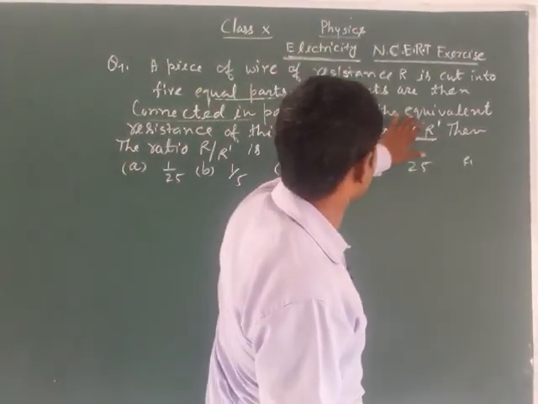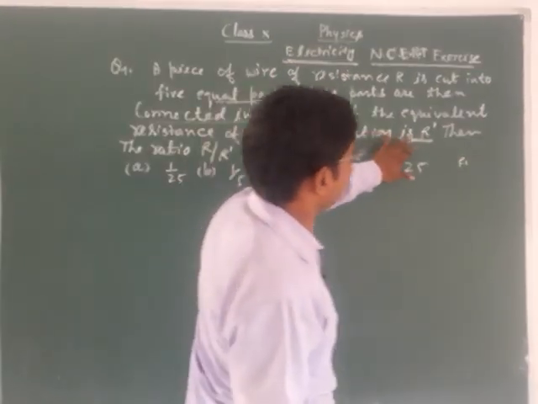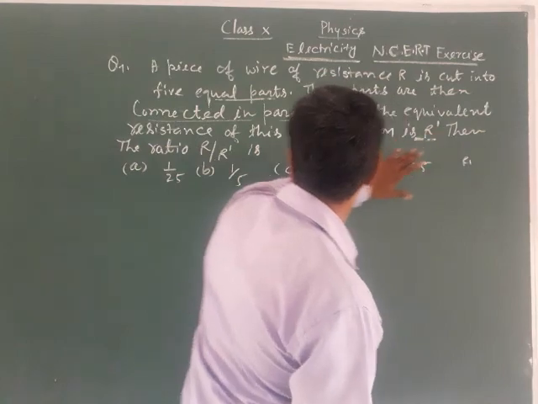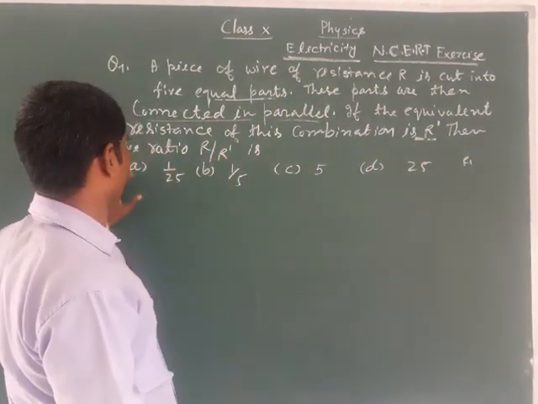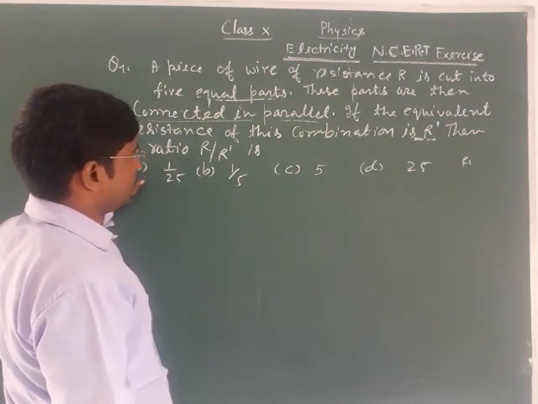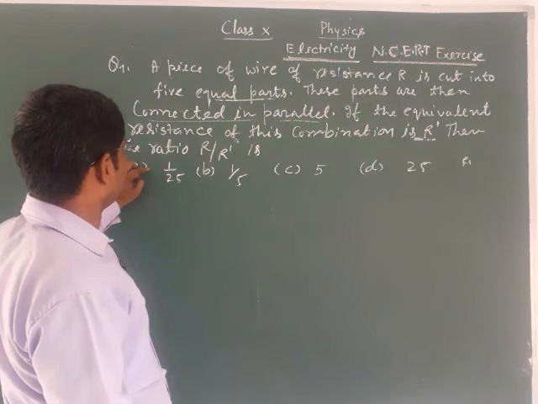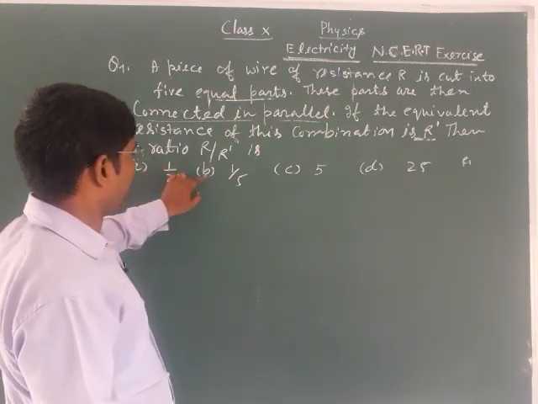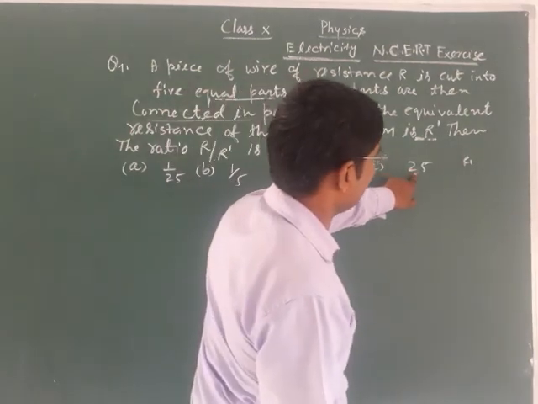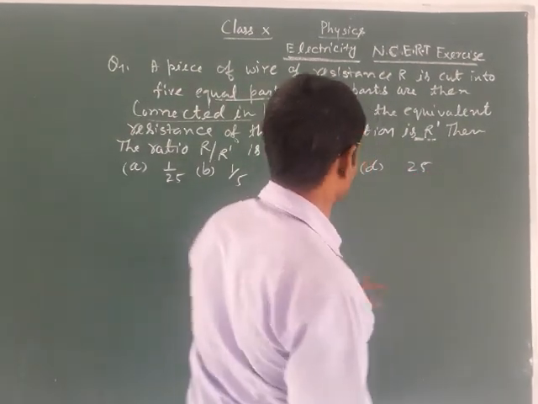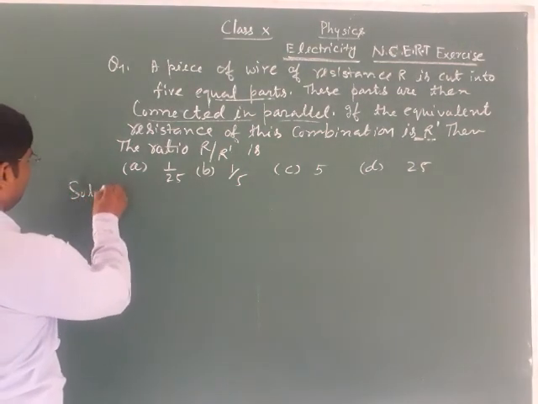If the equivalent resistance of this combination is R dash, then the ratio R upon R dash is: A, 1 upon 25; B, 1 upon 5; C, 5; and D, 25. Now the solution of this question.